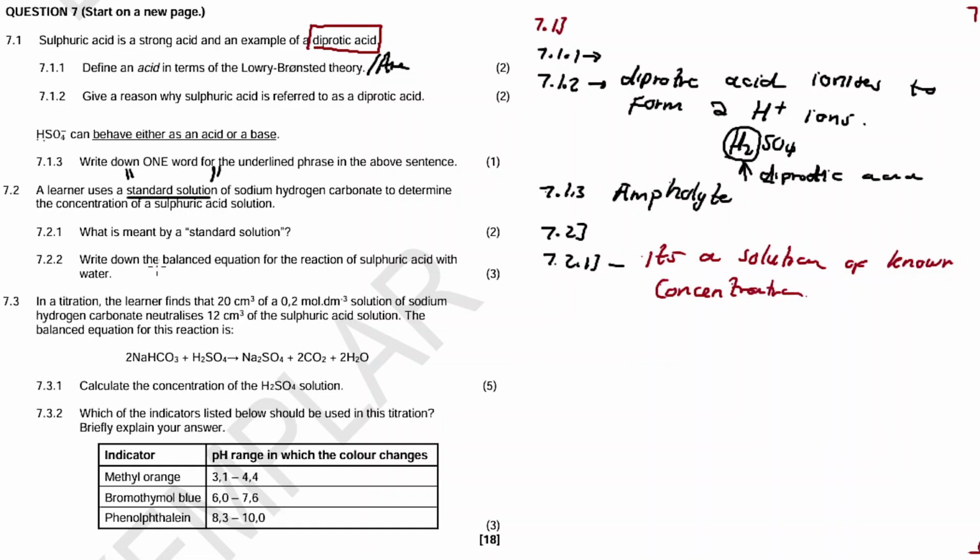Okay, so write down the balanced equation for the reaction of sulfuric acid with water. Understand all my keywords now: diprotic, standard solution, as well as balancing equations. I'm sure there is a list of reactions I want to compare in class: metal oxide reacting with the acid, metal reacting with the acid, a base reacting with the acid.